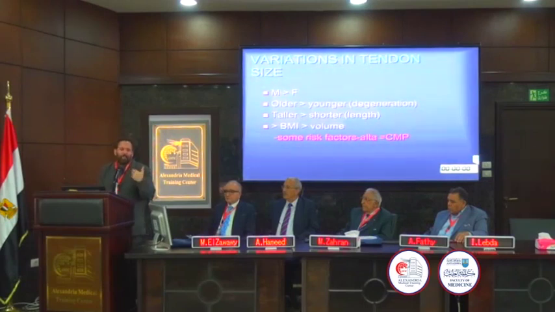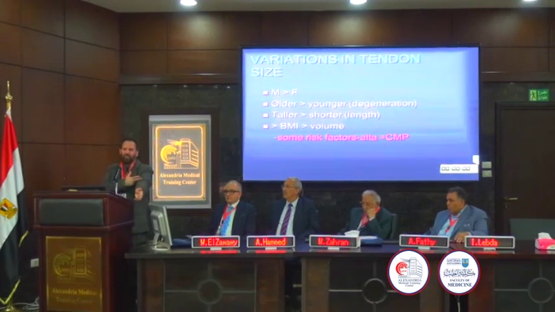Now let's just talk about how to evaluate tendon by imaging. Now we'll get to some imaging. Men have bigger tendons than women. They have bigger muscles, they have bigger tendons. Older people have bigger tendons than younger people. Degeneration. Taller people have longer tendons than shorter people. Right?